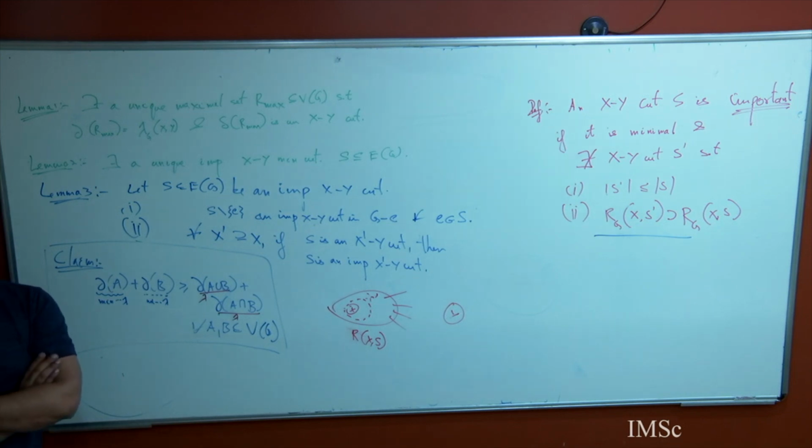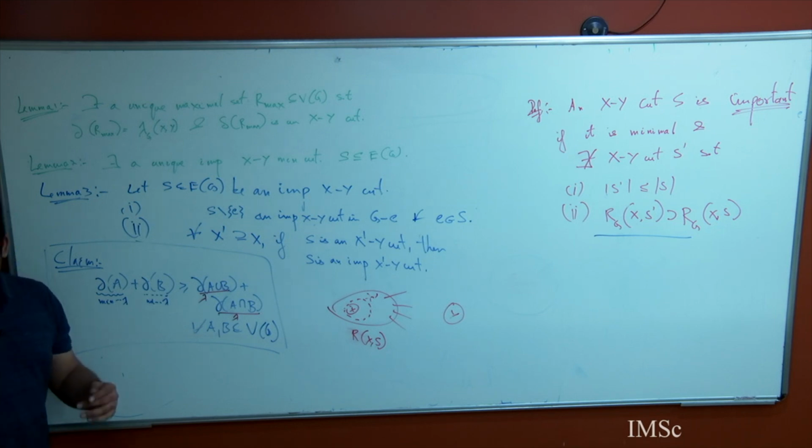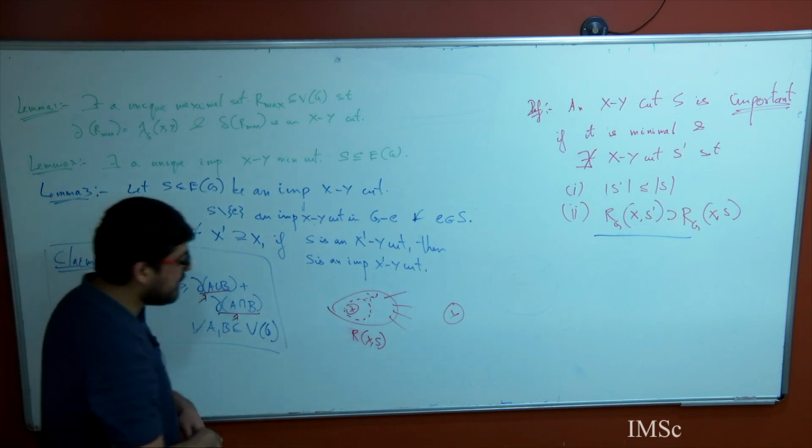Any thoughts on how one would prove this? Same thing, you can assume this is not important and there is a violator. Then you can say that is important for S also, it's a contradiction. Very good. So the proof is very similar.